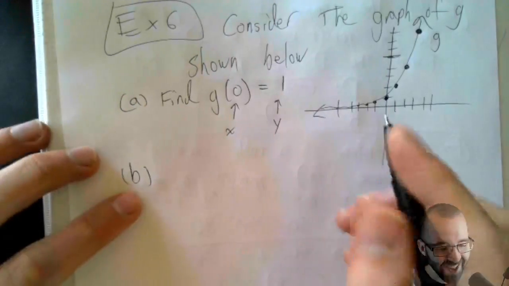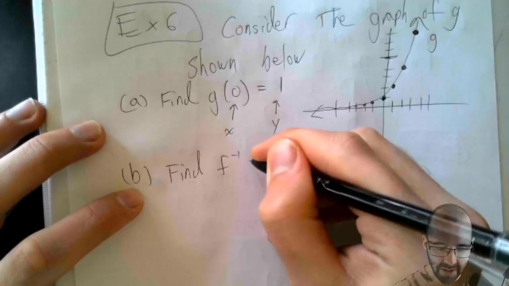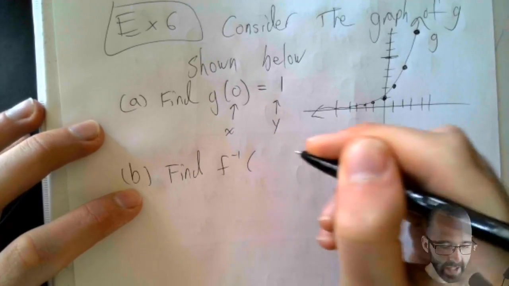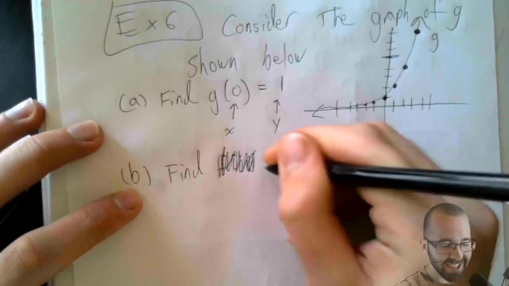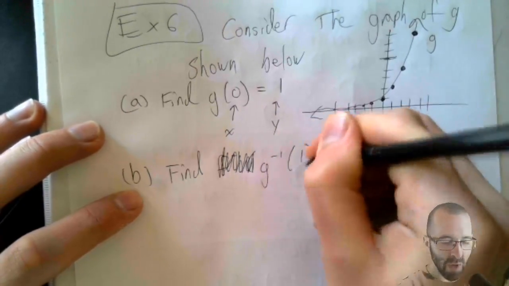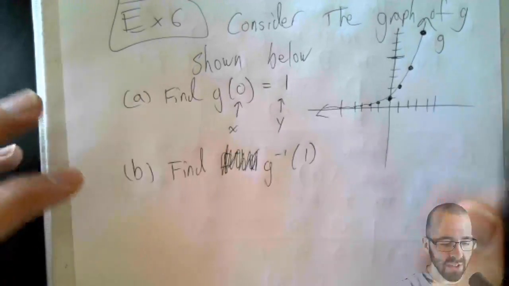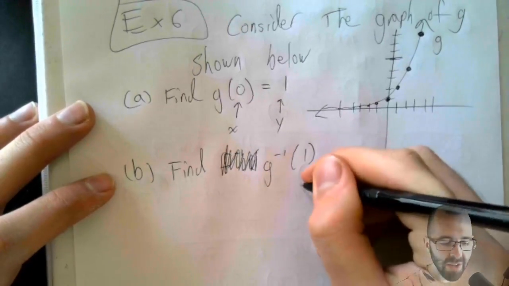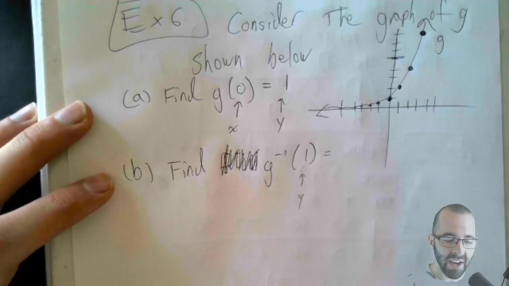All right, let's go on. Find g inverse of 1. Hold on, we got the wrong letters over here. So again, for a normal function, you plug in the x and you get out the y. But here you can think about this as, what is the y for g? And then we need to find the x.